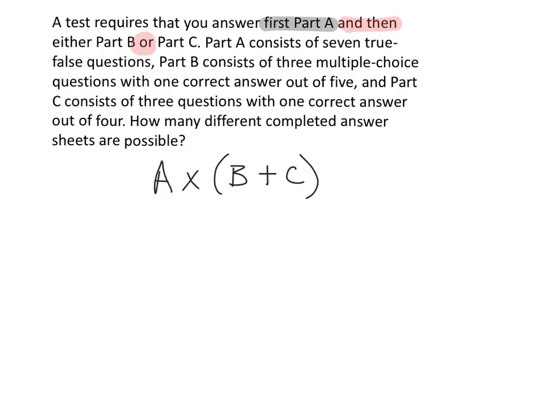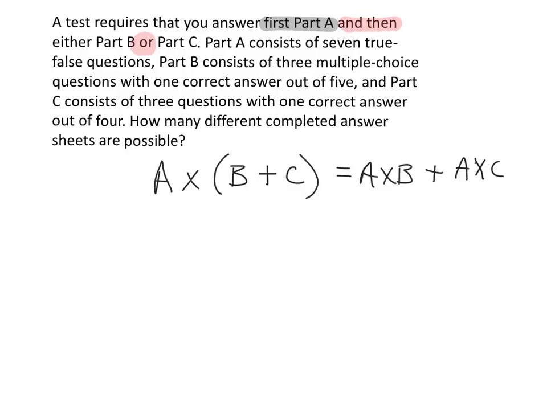And because we need to keep our order of operations correct, we have to put in the parentheses, or you could just do A times B, and then the or, do A and then C. Either way works out. I'm going to use the one on the left. So let's take a look.